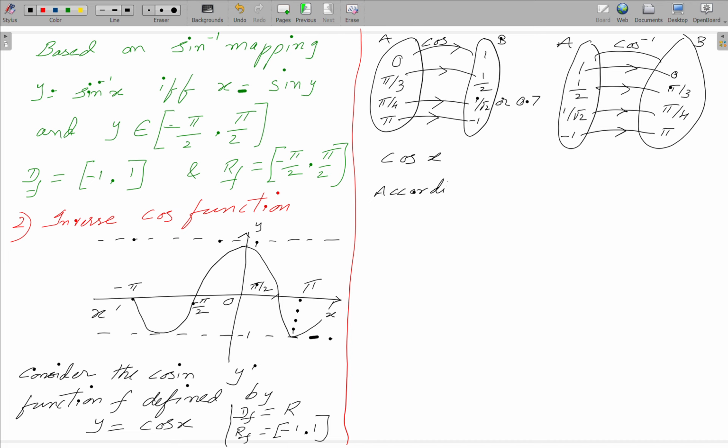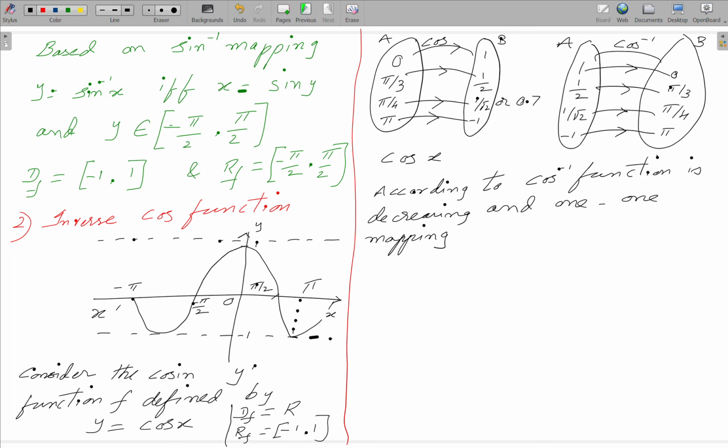According to the mapping, the cos inverse function is a decreasing function and a 1-to-1 mapping between 0 and pi, that is, the domain of f is equal to -1 to 1, and the range of f is equal to 0 to pi.